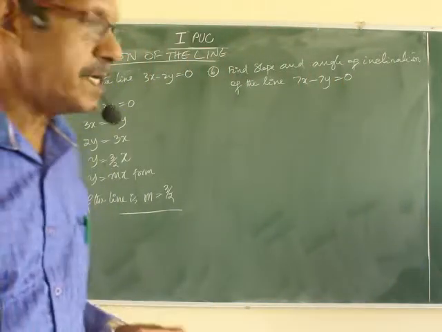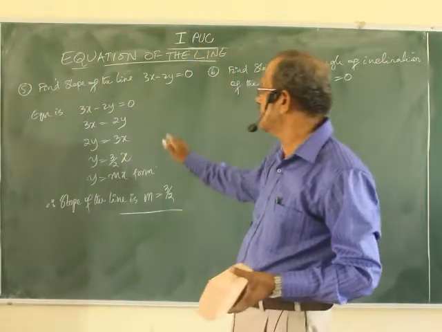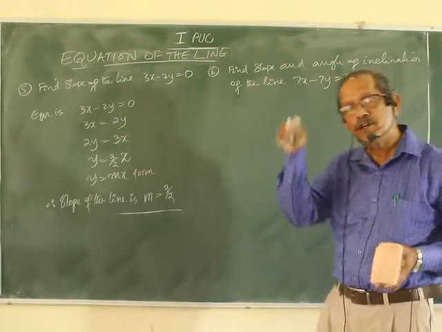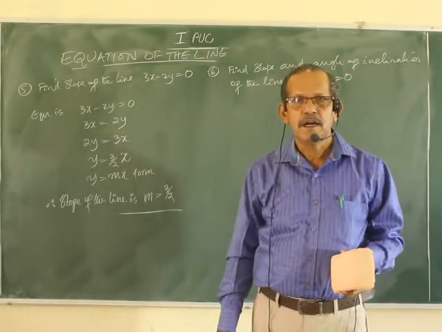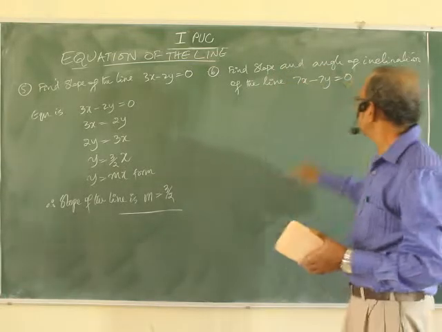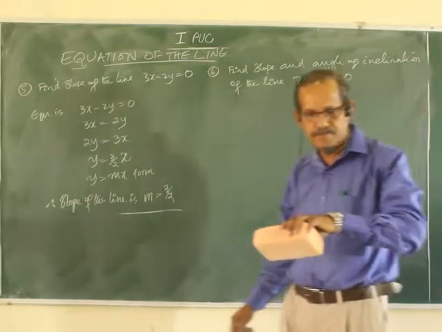Not only slope here, write the angle of inclination also. Quite reverse, that's all. Already you have written, if the angle of inclination is given, you know how to write the equation. If the slope is given, you know how to write the equation. Now quite reverse. Equation is given, find slope and angle of inclination.